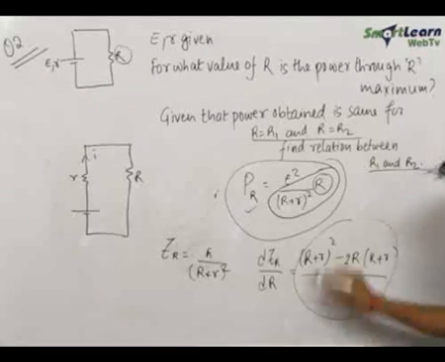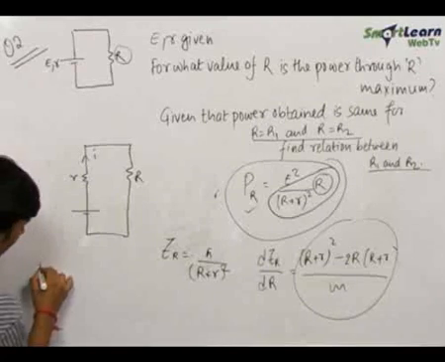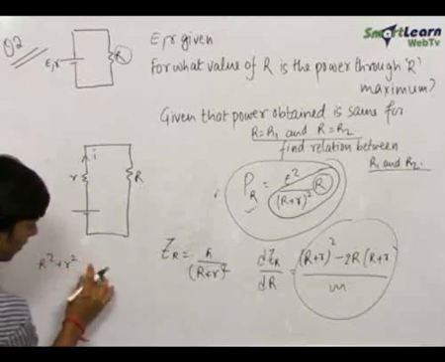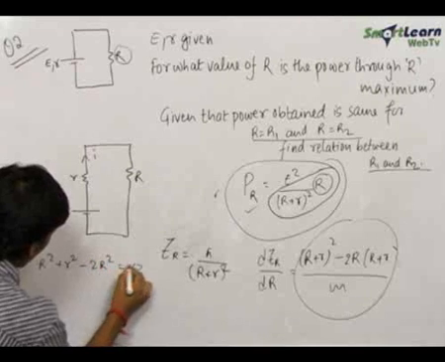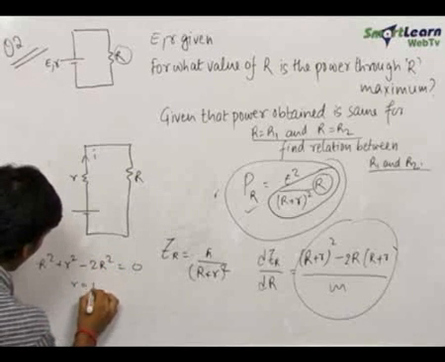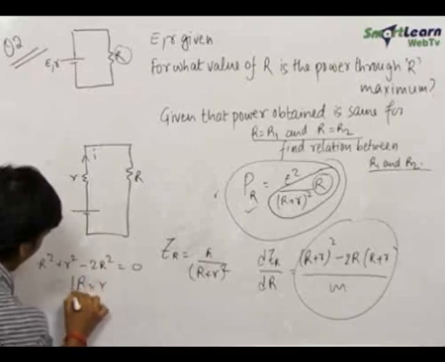Now we have to equate this term to 0, therefore we equate the numerator to 0. Therefore we get R square plus 2Rr gets cancelled, minus 2R square equal to 0, that is R is equal to r, rather capital R is equal to small r.